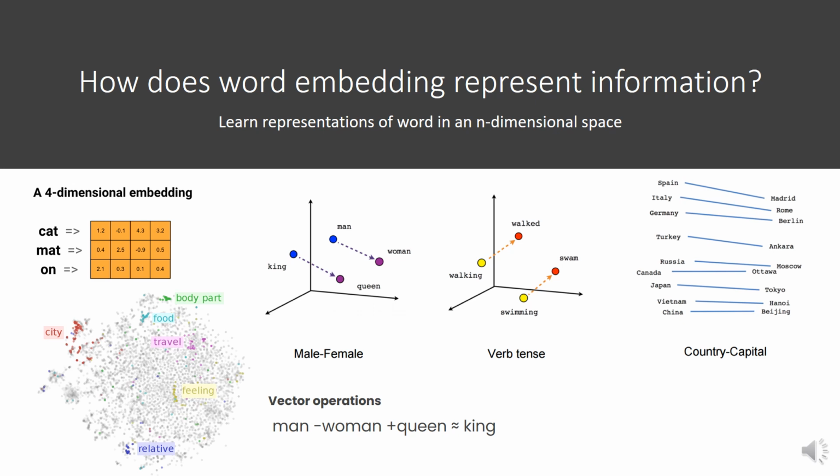Word embedding represents this information by learning the representation of these words in an n-dimensional space. For example, you can see here an embedding vector for words such as cat, mat, and on, which is represented by 4 dimensions.